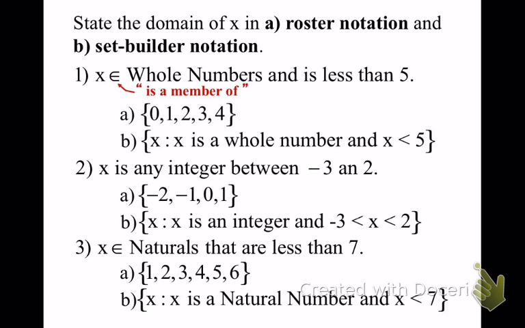Good. And the boundary is there. The natural tells me I don't include 0, and this tells me the maximum. X is less than 7 shows me 6 is the maximum. Okay, I got one more slide I want to go through. Are you guys clear? Does everybody understand set builder versus roster?